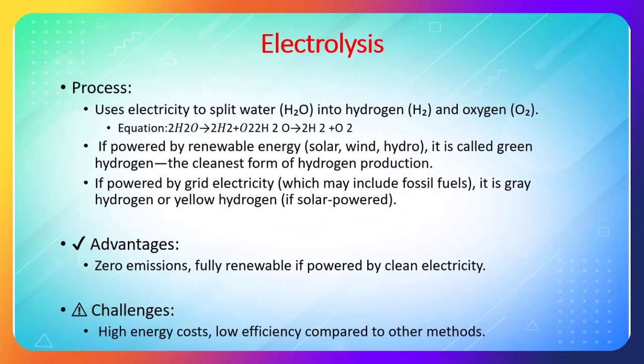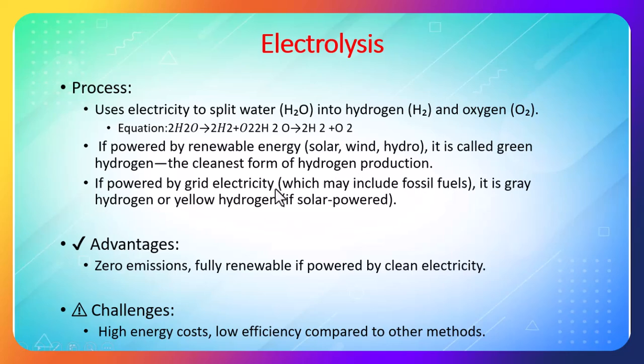When you generate hydrogen with renewable energy, we call it green hydrogen, which is the cleanest form of hydrogen produced. Whereas when you go for hydrogen from grid electricity, we call it gray hydrogen or yellow hydrogen, which means you might have used some fossil fuels for producing the power. That fossil fuel might have emitted carbon dioxide or other gases that pollute the environment.